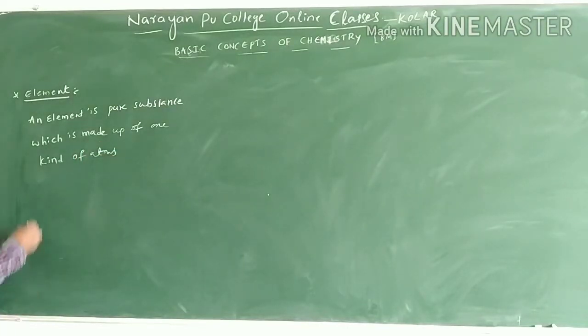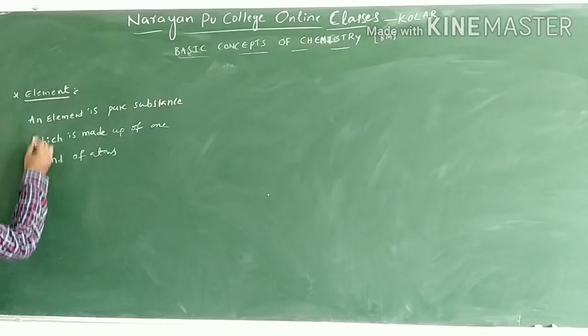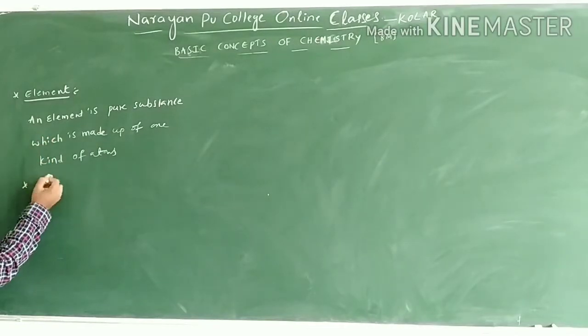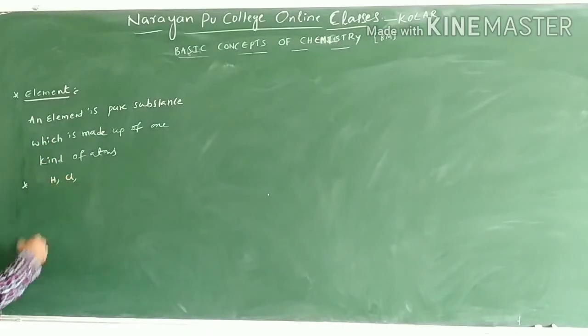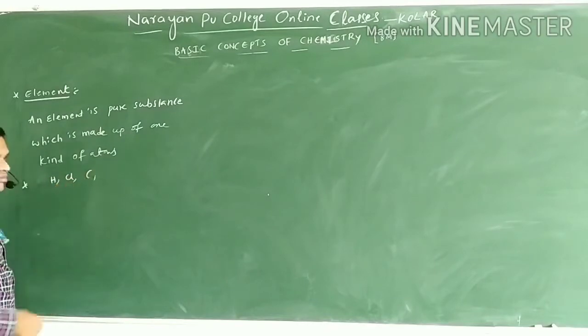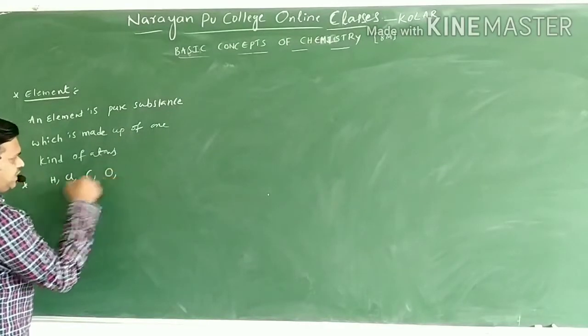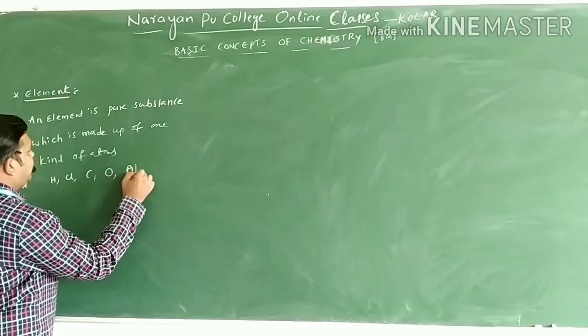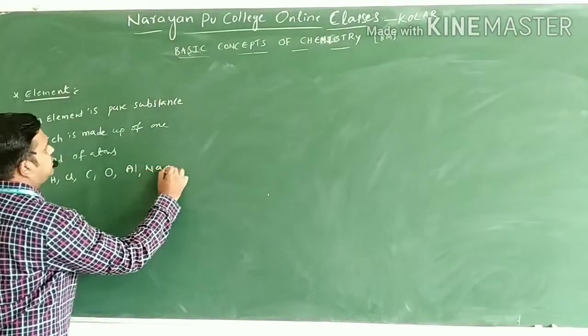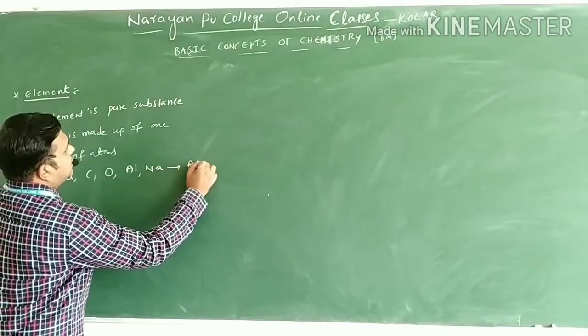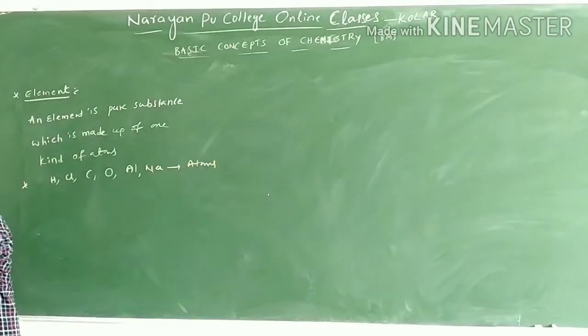So here, if you want to take examples, generally, you can take hydrogen, chlorine, carbon, oxygen, aluminum, and sodium. So these are what here? Atoms only. So generally, atoms are combined to form molecules.